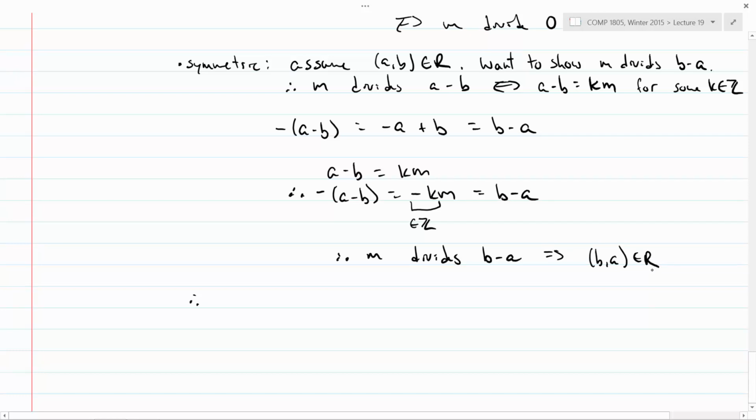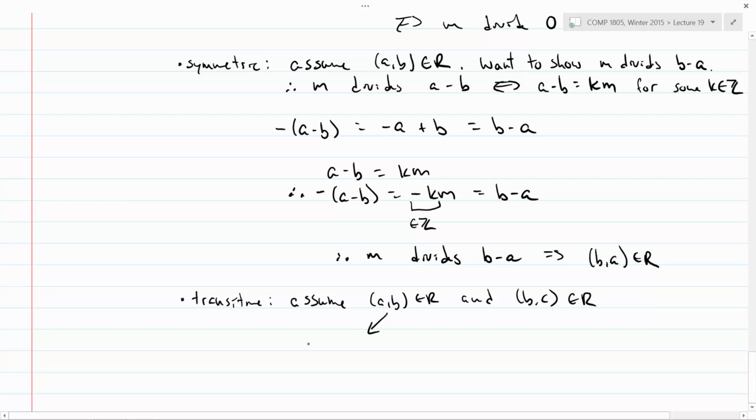And now I need to prove that it's transitive. And the way that you prove that it's transitive, just like always, is by assuming you have two pairs there. So you assume the pairs (a, b) and (b, c) are in your relation R. And then you write out what that means.